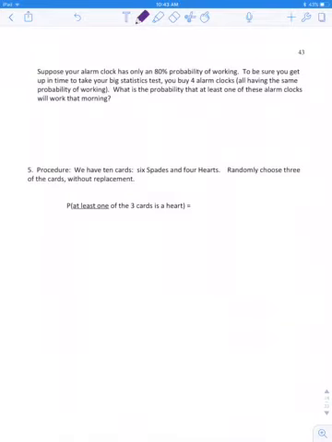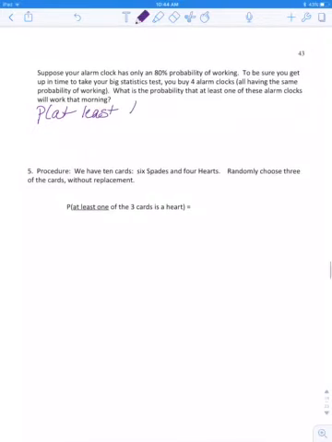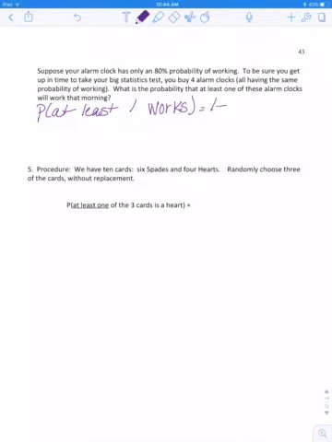So the probability that at least one works is going to be 1 minus the probability that none of them work. So we need the probability that each of them fails. So this is the same as 1 minus the probability that all fail.